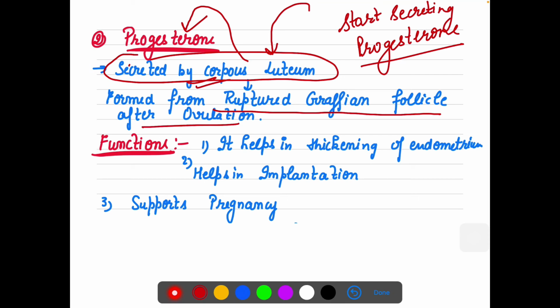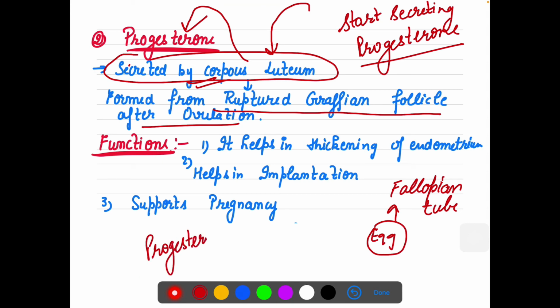What is the function of progesterone? Now the egg is there in the fallopian tube, right? So whether it will be fertilized or not, nobody knows. So progesterone started being released, the corpus luteum started releasing progesterone. This progesterone will help in thickening of the uterus wall. It will start thickening. The more progesterone means these walls of the uterus will become more and more thick.